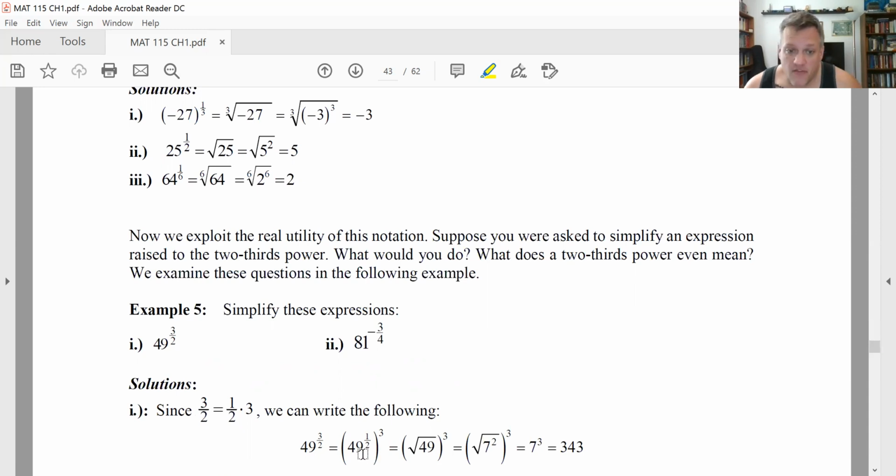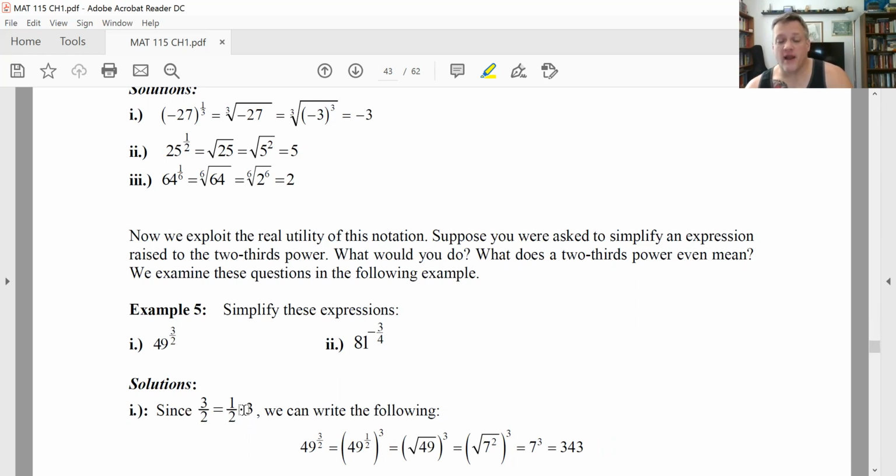And so if I rewrite this quantity in this way, I can do one step at a time. I can take 49 to the 1/2, that gives us root 49, all to the 3rd at the end. But root 49, the square root of 49 is just 7, right? And so the inside here is just 7. 7 cubed is 343.